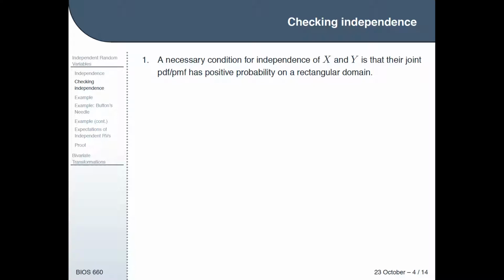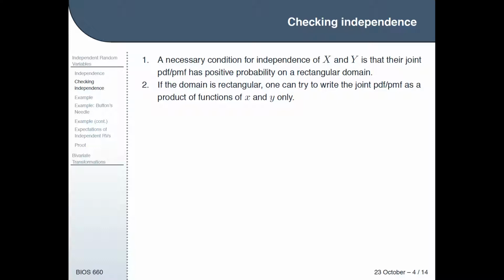If you plot x plus y less than or equal to 3, that is not a rectangle in R2. It'll be half of the plane with a diagonal line separating the two. That's not a rectangle. Those two random variables can never be independent.